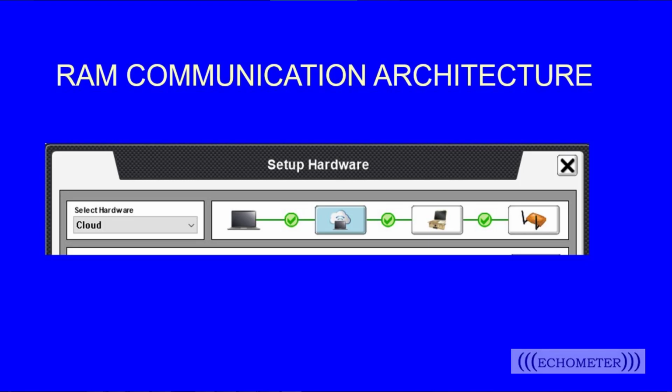So we can put a cellular modem in the RAM, or even if you have Wi-Fi or internet access in the field, it can access that. But most common is putting a cellular modem in, so that we have a cloud server that we can connect to from our laptop, and then that cloud server will talk to your RAM wherever it is.